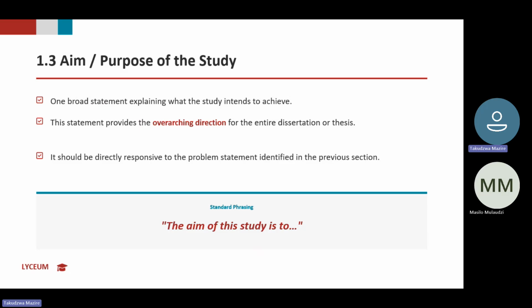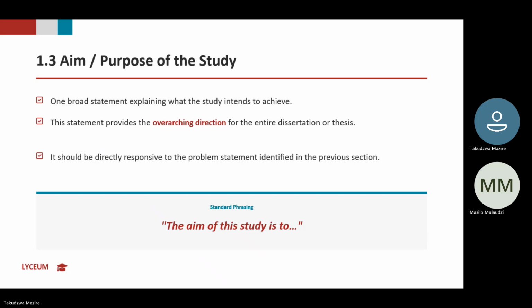Now, the purpose of the study's aim, I think we can classify it as one broad statement that encapsulates what your entire study intends to achieve. It provides the overarching direction of your dissertation or report or your thesis.